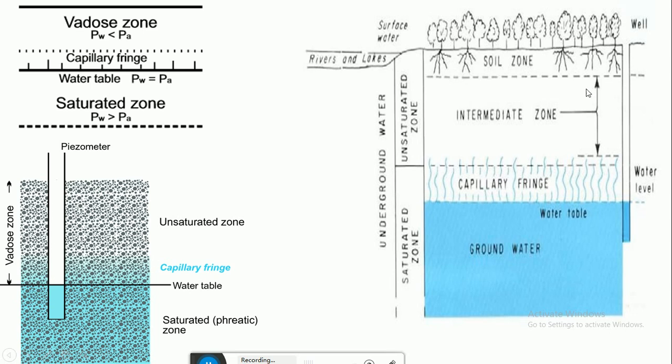It's also a cross section of the subsurface water zone: the soil zone where soil moisture is present, the intermediate zone where capillary action has taken place, and there is a capillary fringe, water table, and groundwater surface.